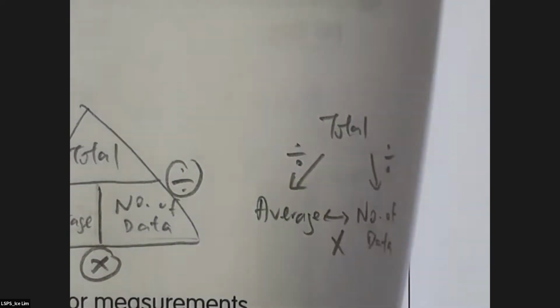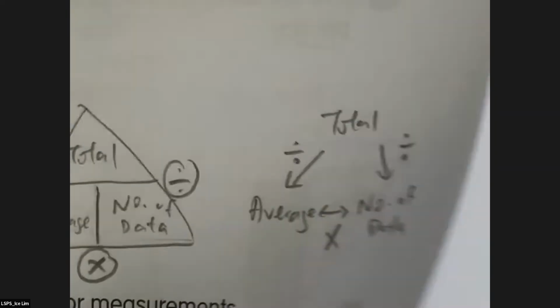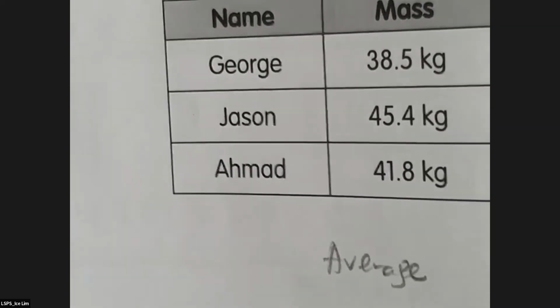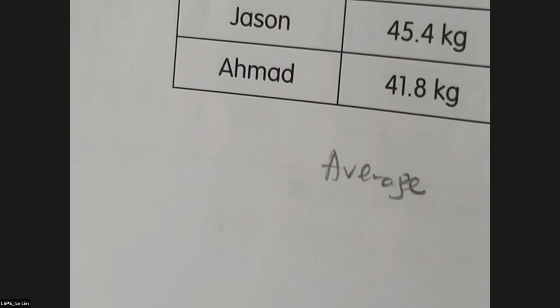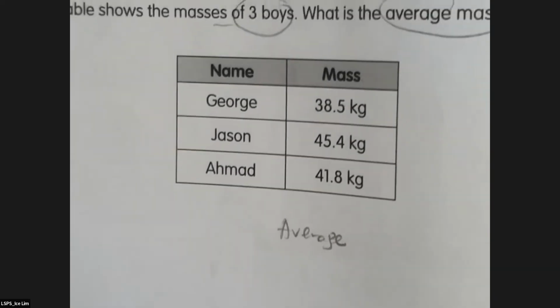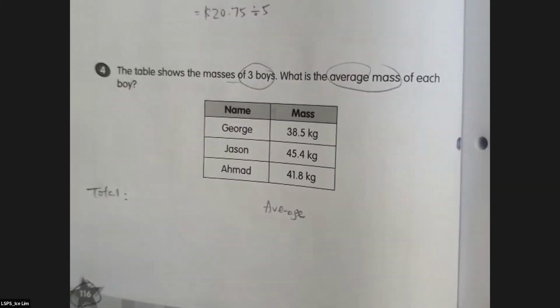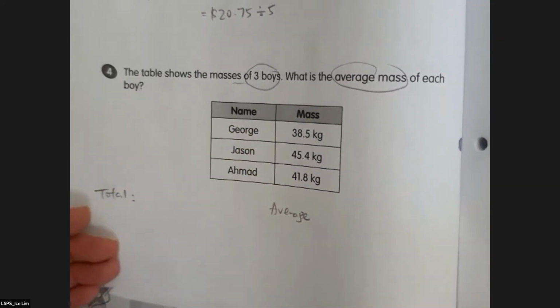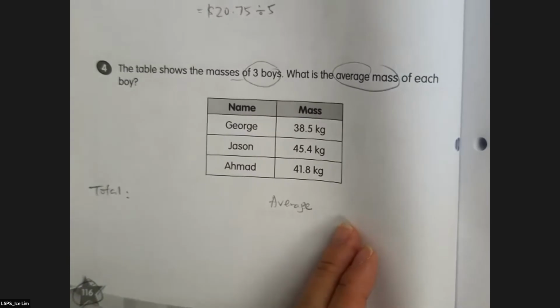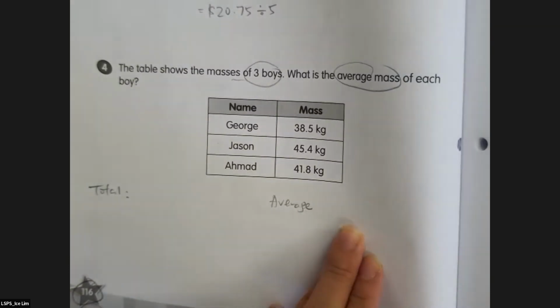Can you understand? Okay, so on this page, our homework 116, were you able to solve this? For these three boys, what you need to do is add up George, Jason, Ahmad, then divide by 3 people. Then that's the average.